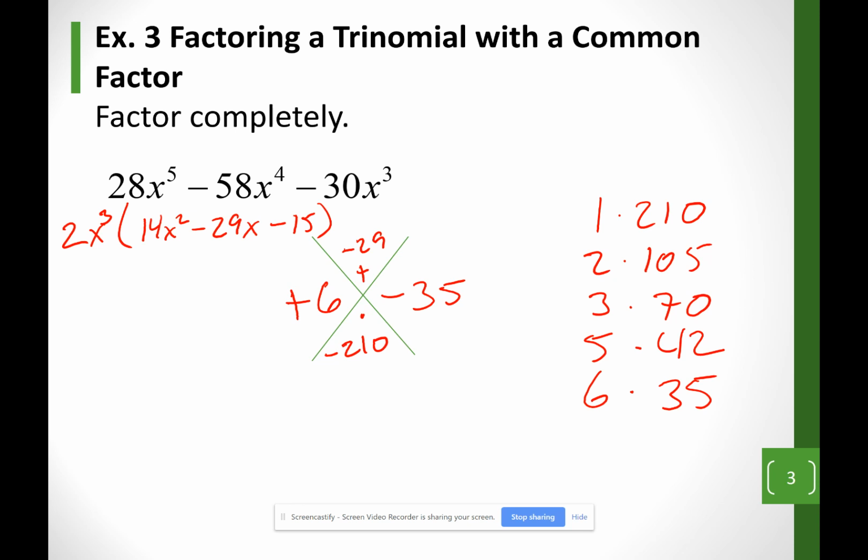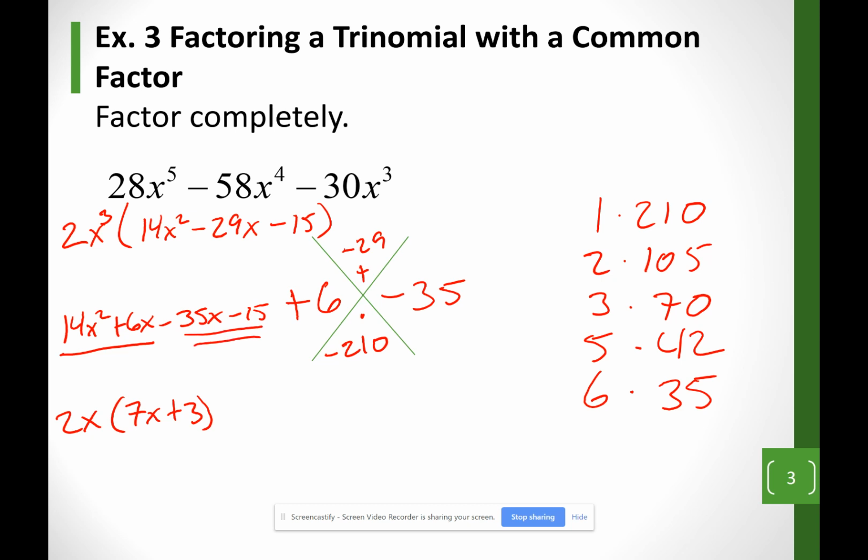So I'm just looking at the parentheses. I have 14x squared plus 6x minus 35x minus 15. Looking at the first two terms, I can divide both of them by 2x. So I'm going to have 7x plus 3.